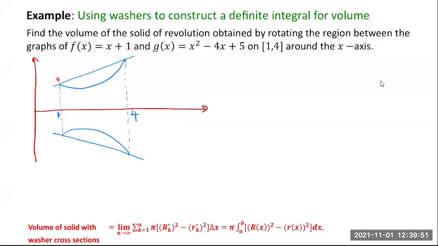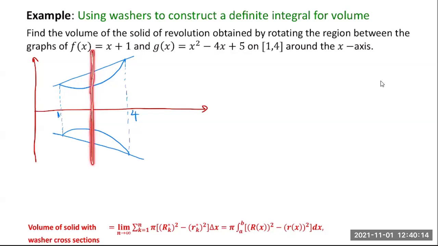On the interval 1, 4, if you plot the graph of this one and this one, you will see that the graph of g of x looks like this. And the graph of f of x would look like this. So the region between the two graphs is this region. Now what you do is you rotate that region about the x-axis. Then clearly you get washer cross sections, right?